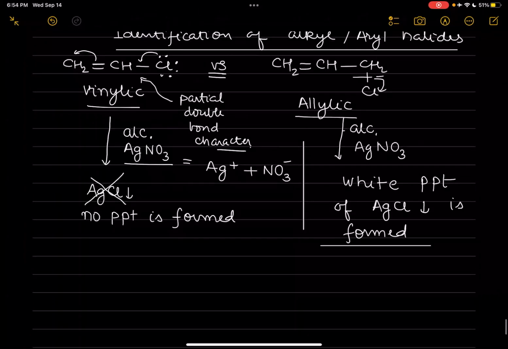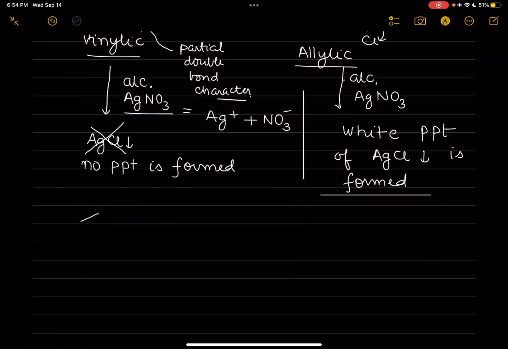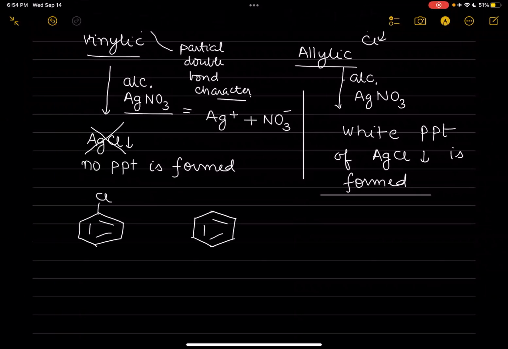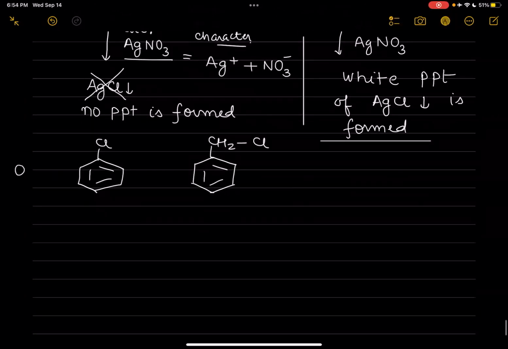So always remember the same thing is for chlorobenzene also. Chlorobenzene and benzylic chloride. Which one will give a white precipitate with AgNO3?